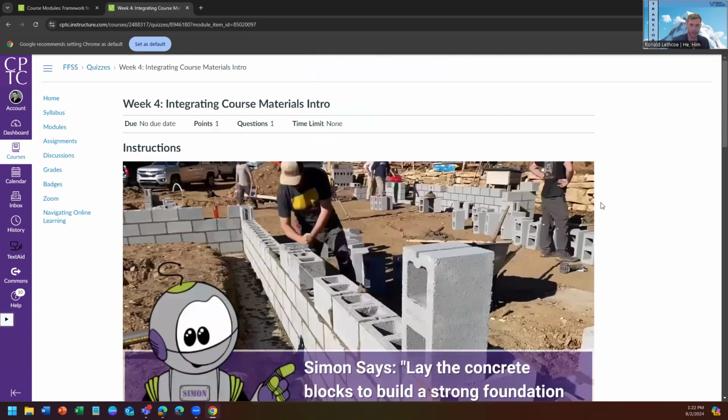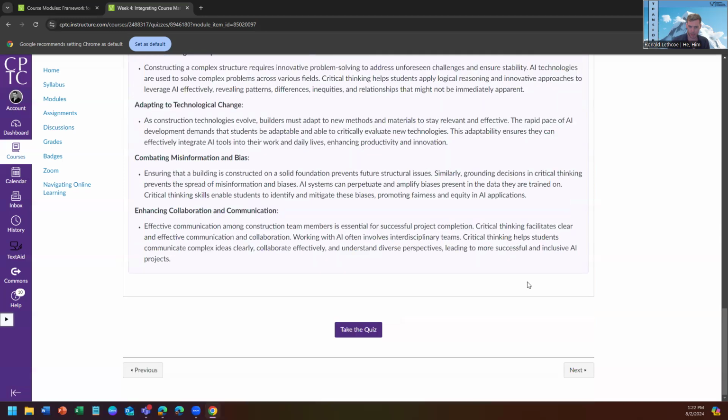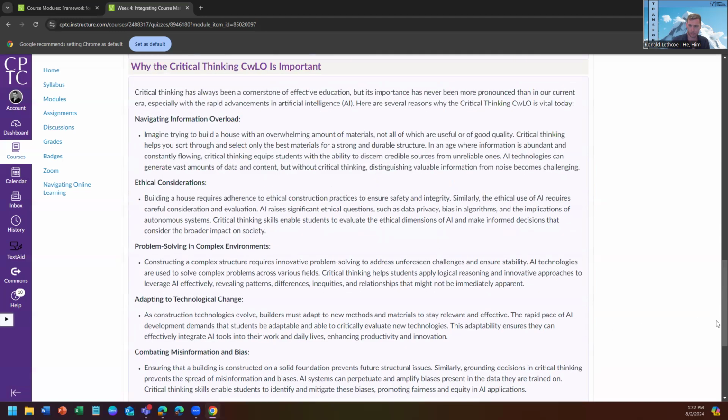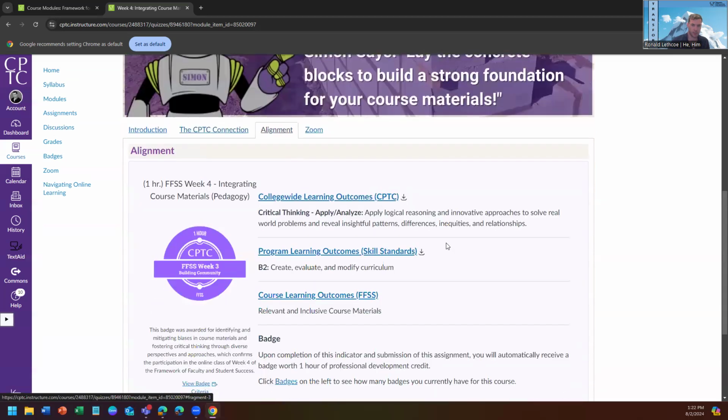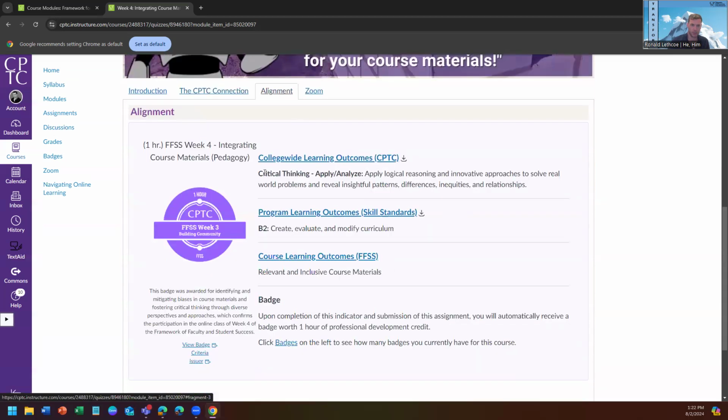So, all right, that is that part. This week's alignment, if you want to check that one, obviously critical thinking. We're analyzing it, and it's a B2 for the skill standards because we're creating, evaluating, and modifying curriculum.